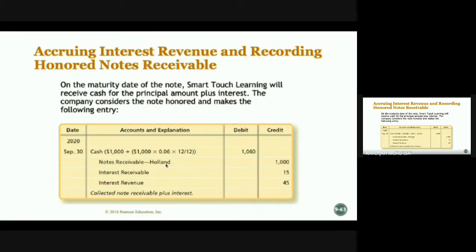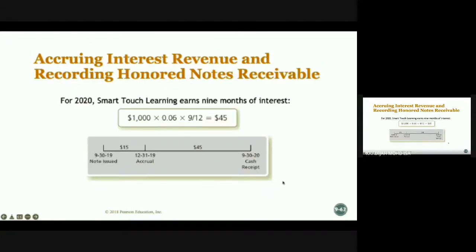Credit note receivable 1,000. Interest receivable is the one that you debited in the previous period, and interest revenue 45 here is the amount that you're going to recognize for the second period. So coming back, the 15 interest revenue you have recognized, but during 2020, you're going to recognize another $45 of interest revenue.